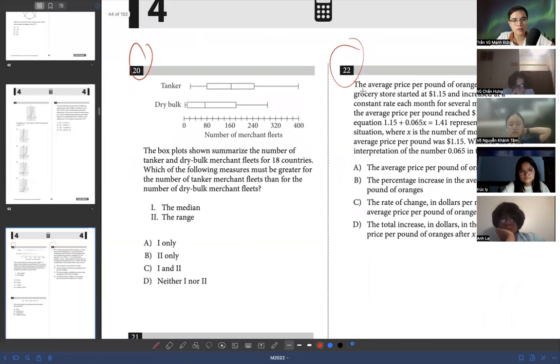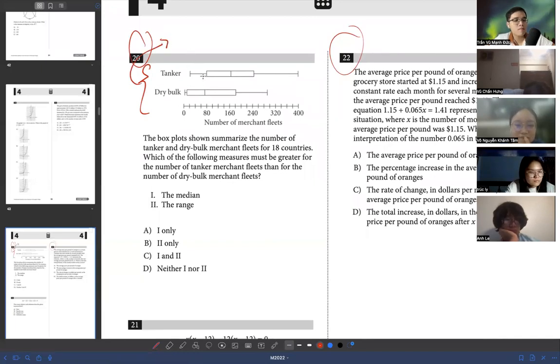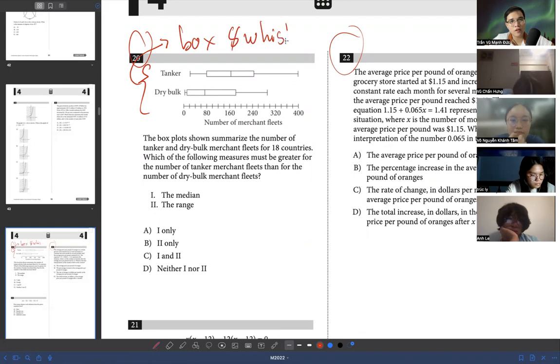How about this 20th question? Can you do it for me, Tom? What kind of graph is this? Do you remember the name? Okay, so it's box and whisker. Well, you don't really have to know the name in order to understand it.